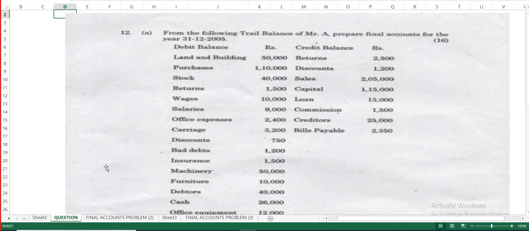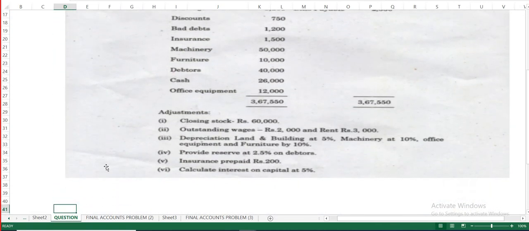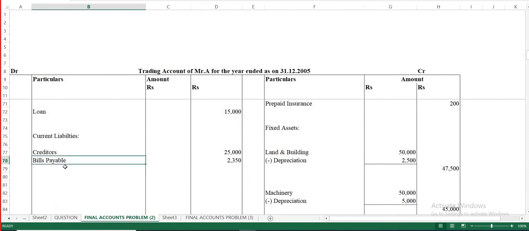Go through the entire question fully once. Outstanding wages and outstanding rent both will come under current liabilities only. So just mention outstanding wages, outstanding rent.